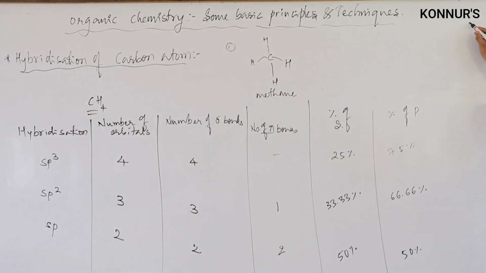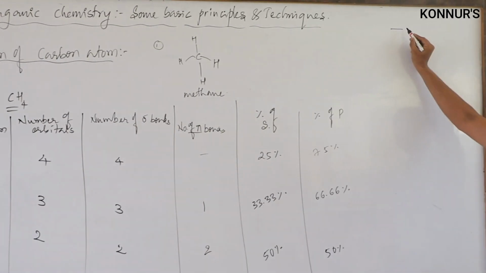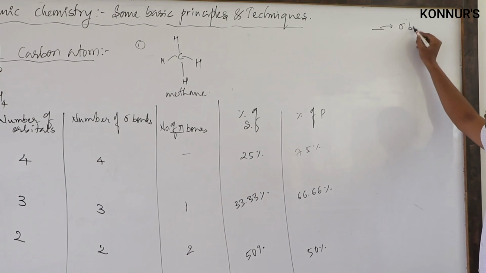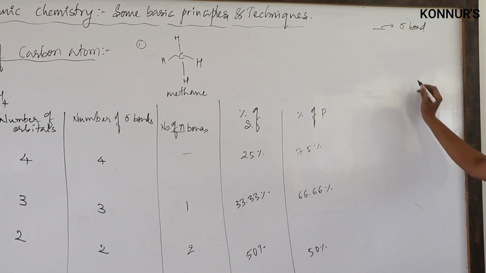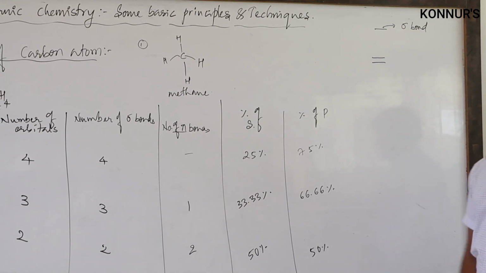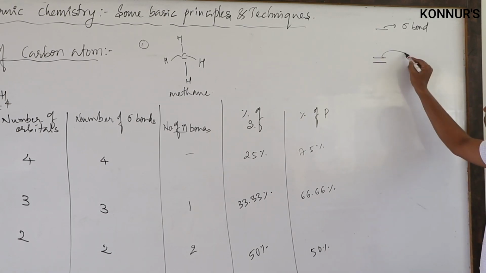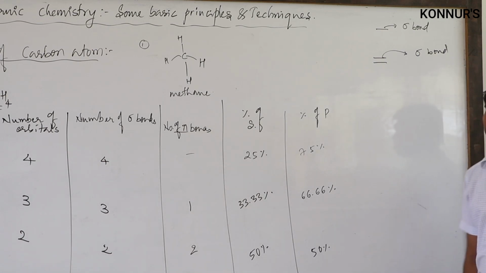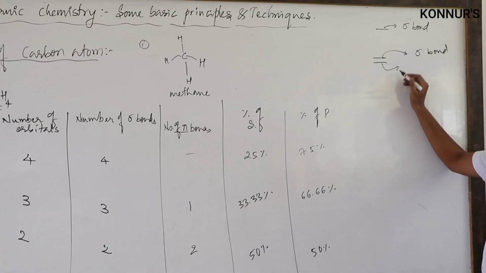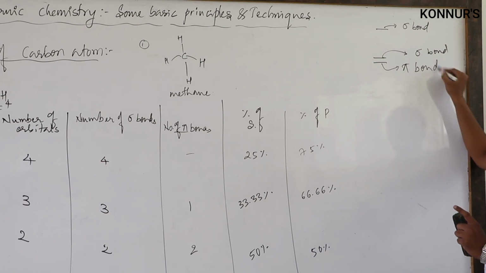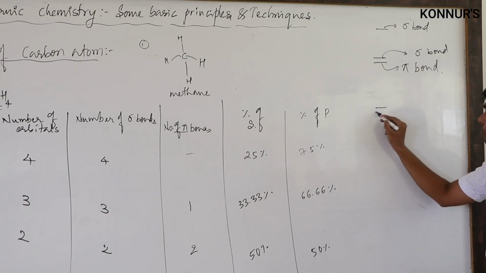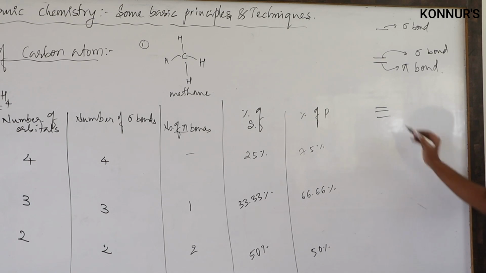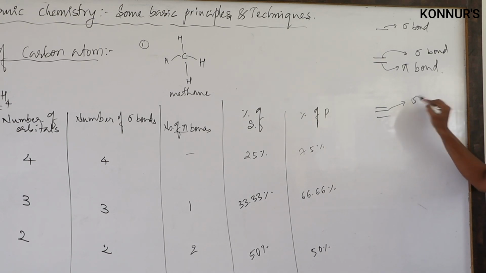A single bond is a sigma bond. In a double bond, one is the straight-way overlap that contributes a sigma bond, and the other is a sideways overlap, that is a pi bond. In a triple bond, the straight-way overlap is a sigma bond and the remaining two are pi bonds.